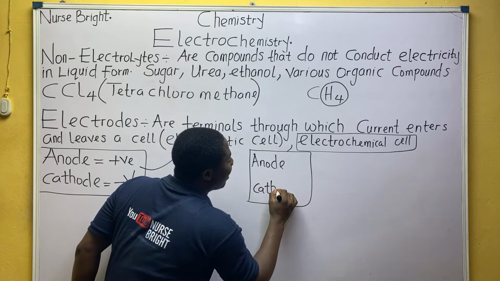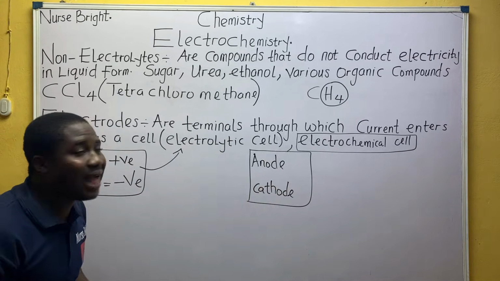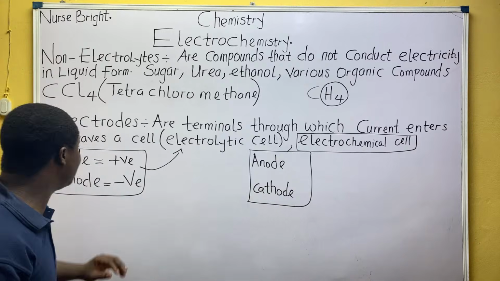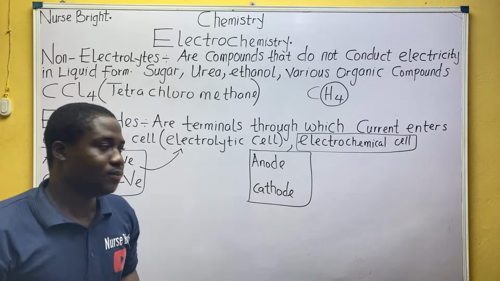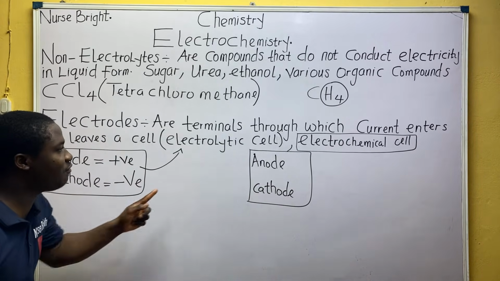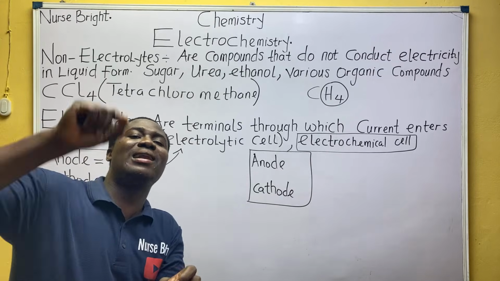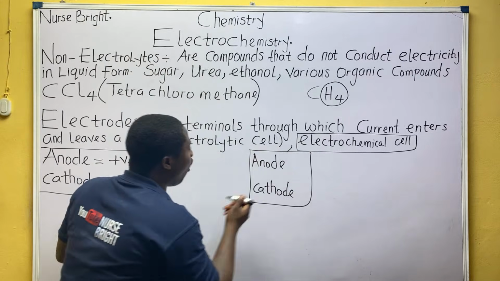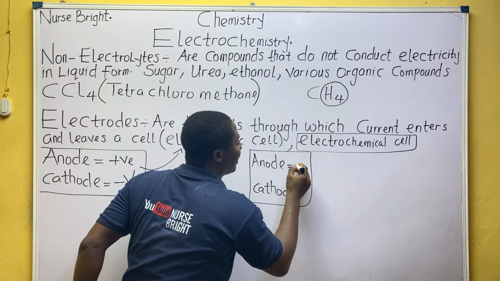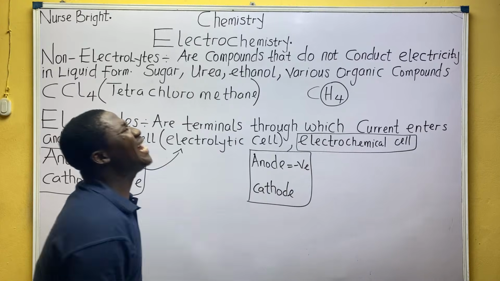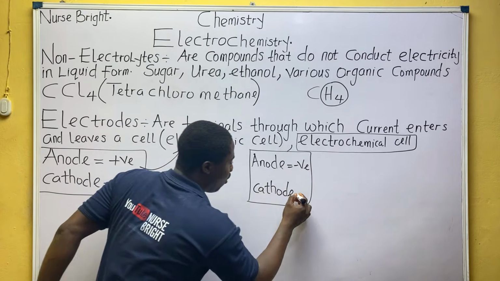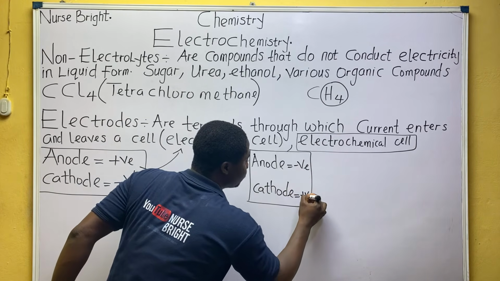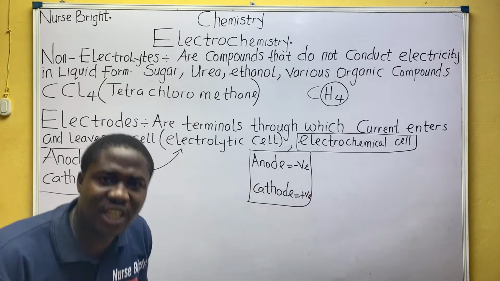But when we move over to its elder brother, listen, it is the opposite. The way the anode is positively charged for the electrolytic cell, for the electrochemical cell it is the opposite. The anode in an electrochemical cell is negatively charged, while the cathode is positively charged.